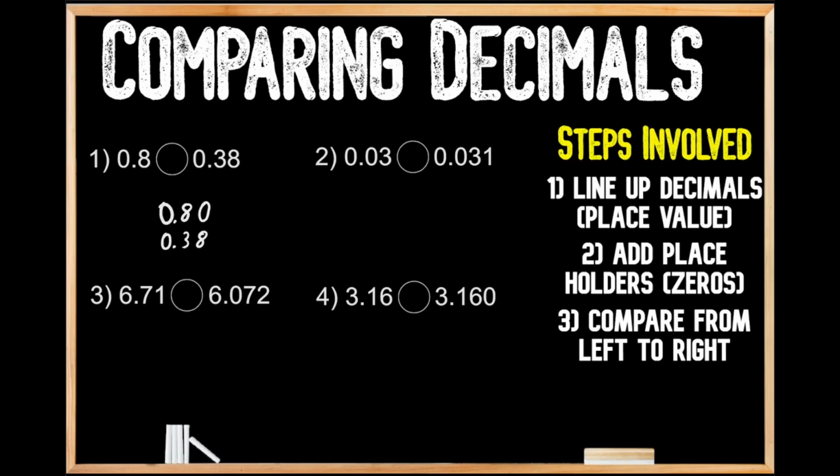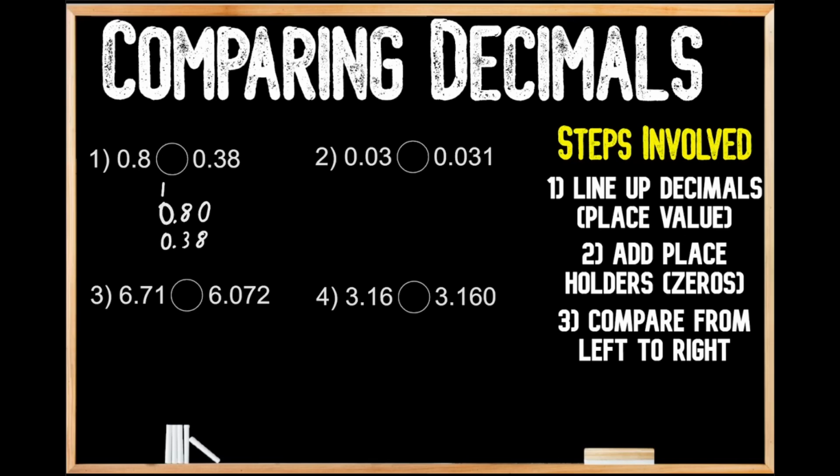Adding a placeholder 0 like this allows us to properly align our decimals so that we can compare them in our last step, which is to compare the decimals place value to place value from left to right. We compare from left to right because the numbers to the left have the greatest value. So let's jump into step number 3, where we compare the numbers on the far left.